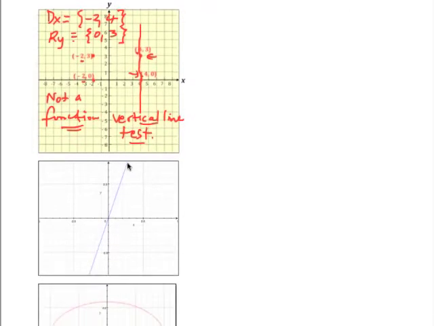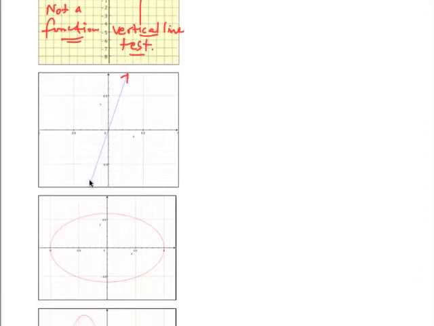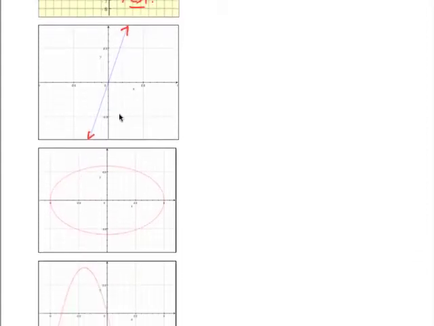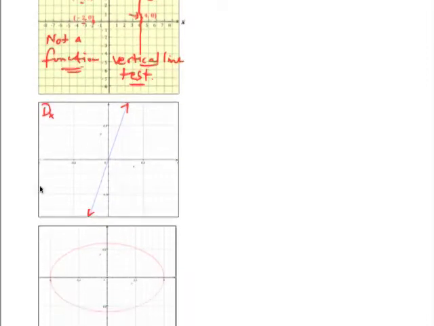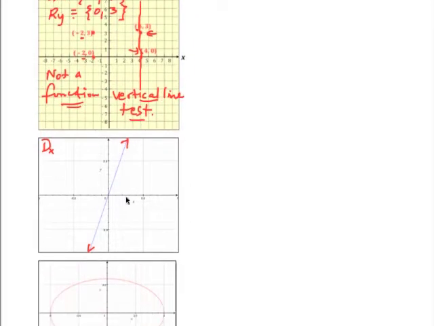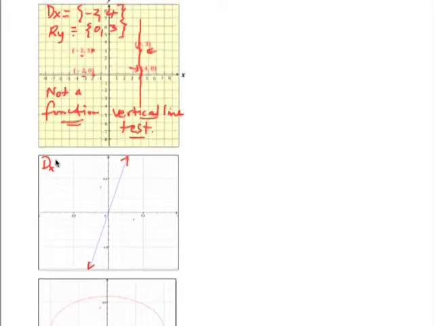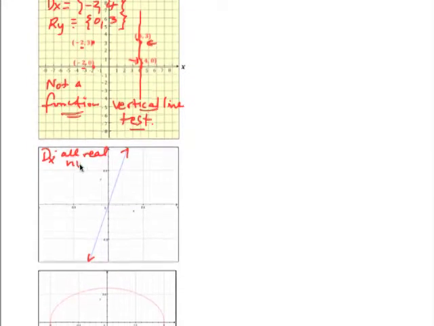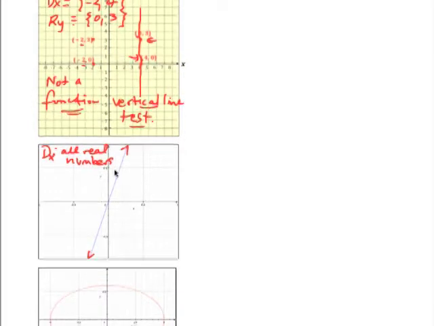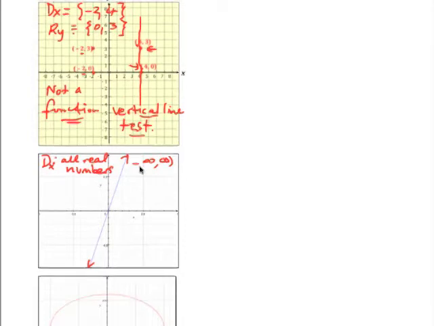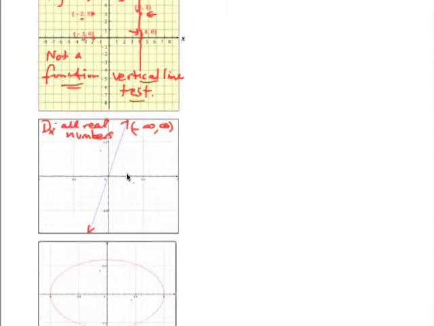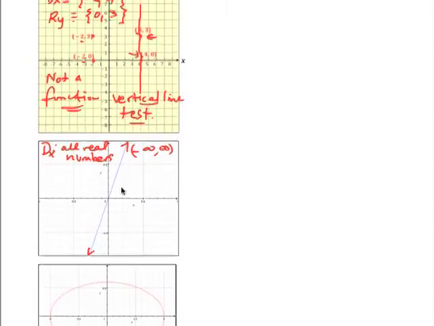If you look at this one here, we're going to say that this one continues on. And you can see here, well, what is going to be the domain? Well, you can see here that all the x values are being used because this continues to go up. And so this would be all real numbers. And the way we do all real numbers is we use interval notation, -infinity to infinity, with the curved parentheses here.